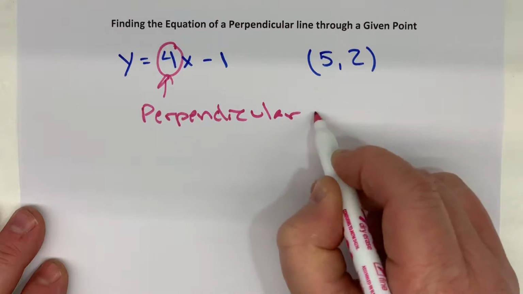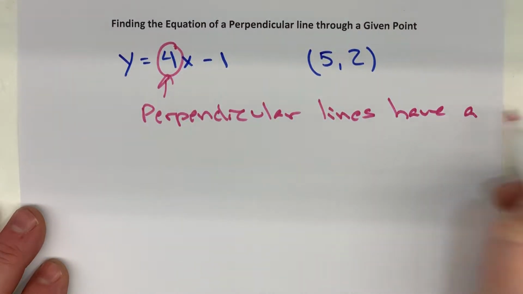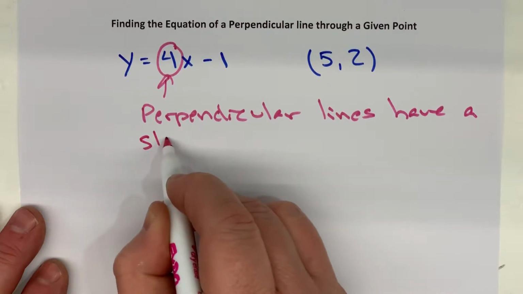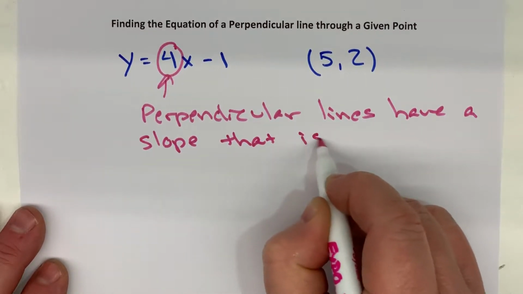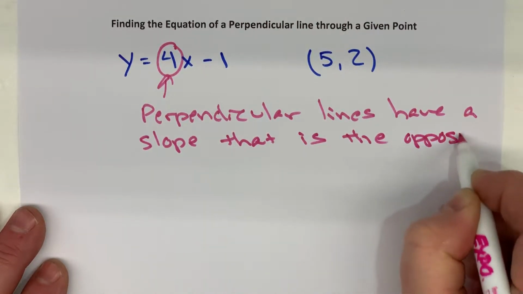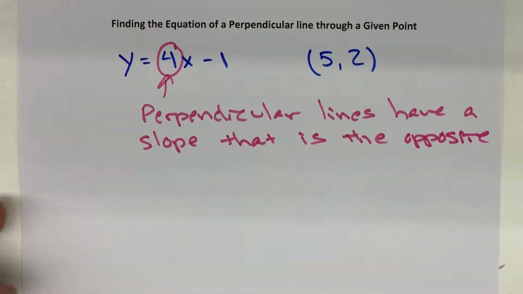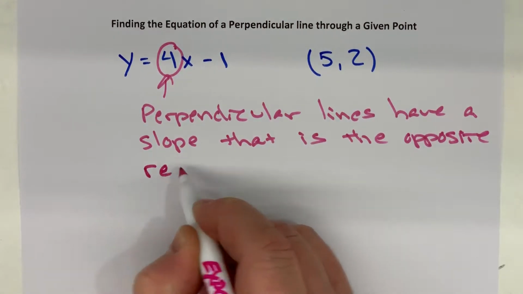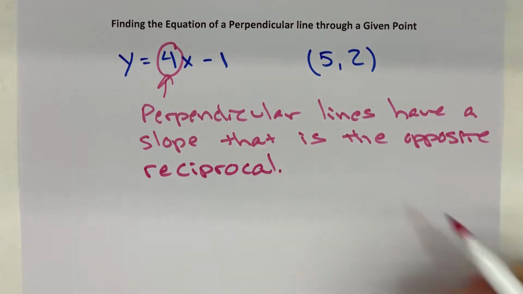Perpendicular lines have a slope that is the opposite reciprocal.